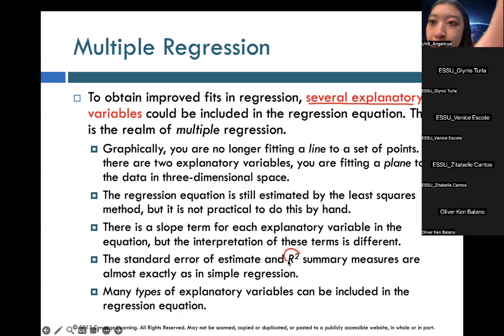The R square may vary based on the number of explanatory variables. More explanatory variables means you can get a higher R square, while fewer explanatory variables can decrease your R square. This is the rule in a statistical model of multiple regression.